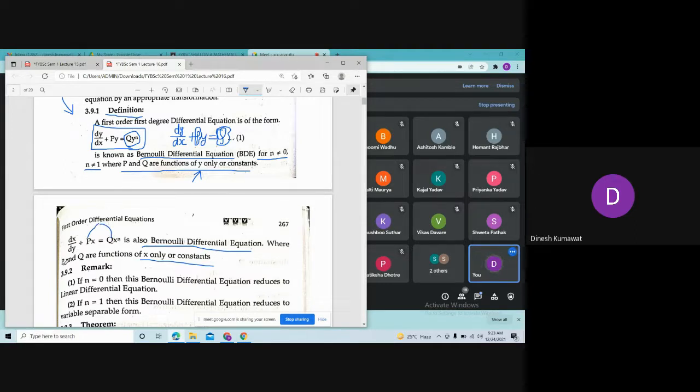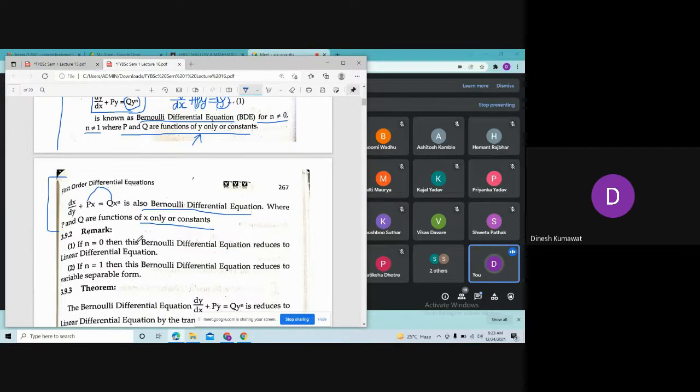But here this p and q are functions of x only or constants. Is this clear to everyone? Yes, sir. So please try to understand this definition. Let me take one problem based on it so that you can understand this definition. After that, we will continue this in my next lecture.